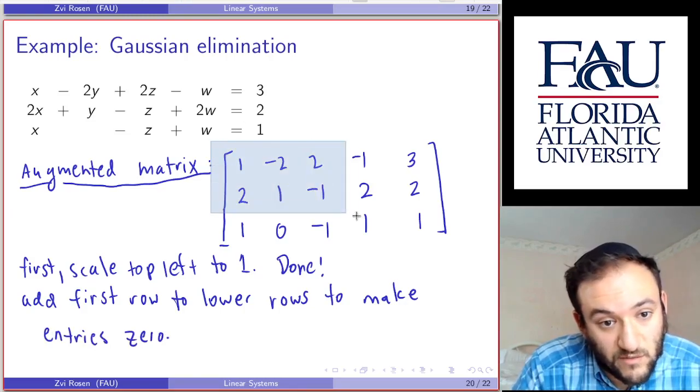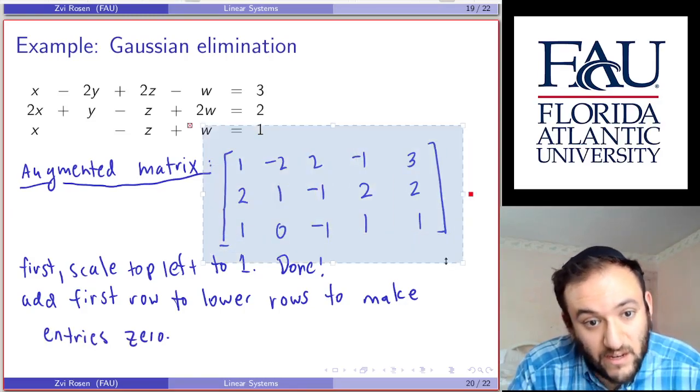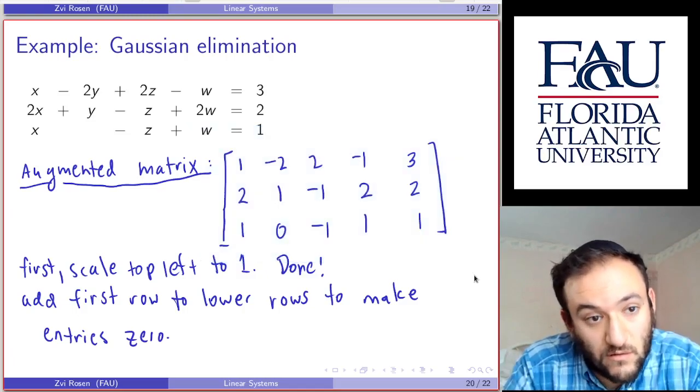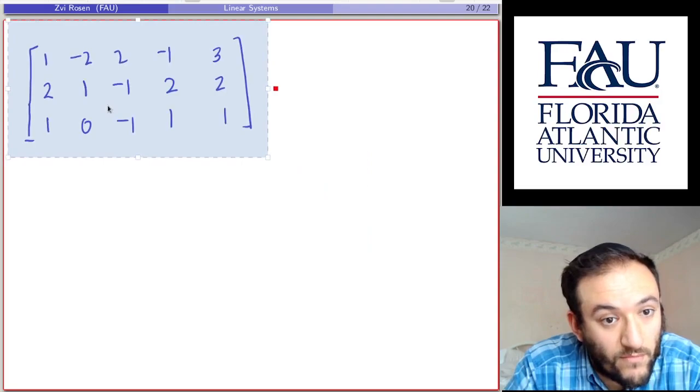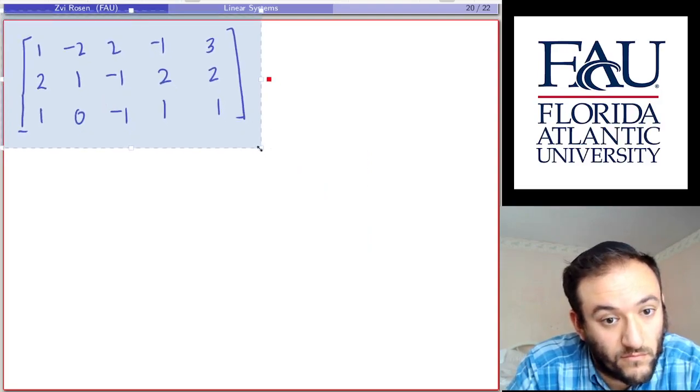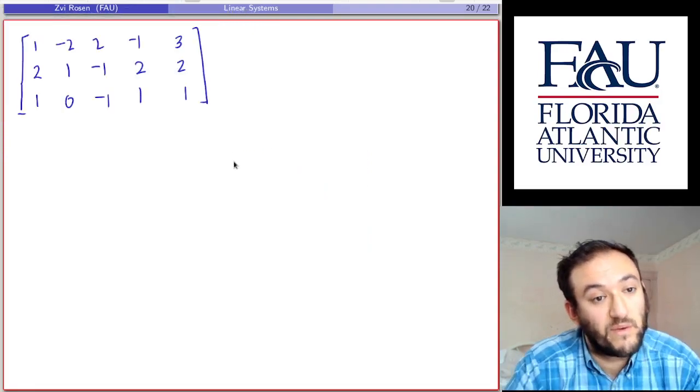Okay, so we're going to need to borrow this matrix and do that on the next page. Give ourselves a bit of space.